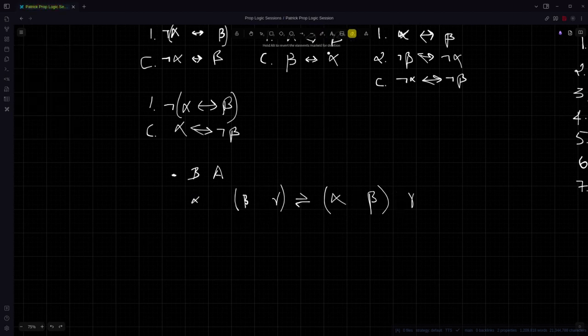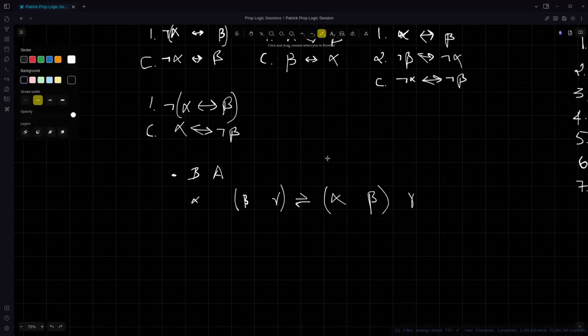What do you mean by symmetrical operator? I just mean you can perform a commutation. So any operator where you can perform a commutation is symmetric, so anything with a conjunction or disjunction, or biconditional.